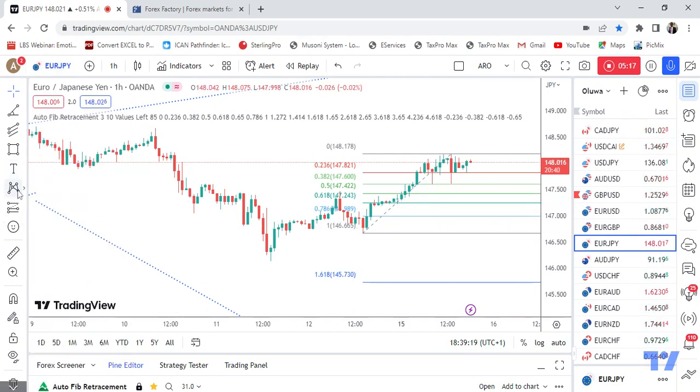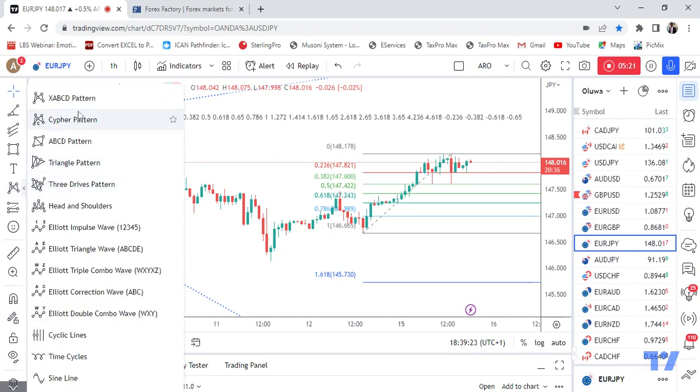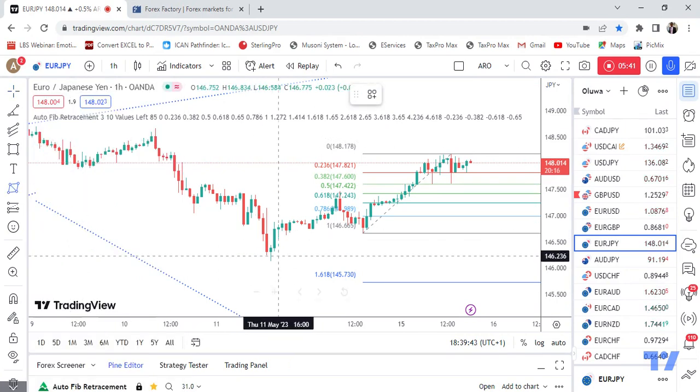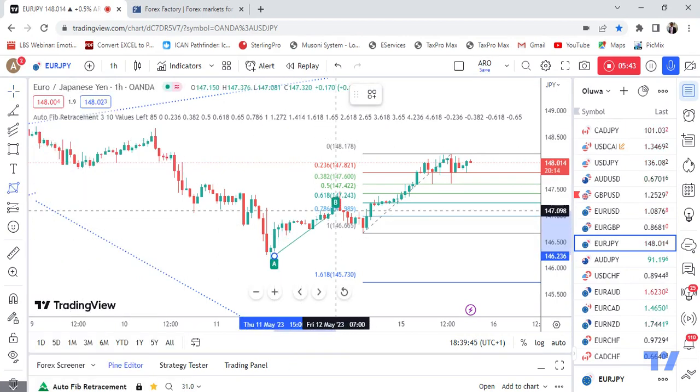Then we have patterns. If you want to draw a pattern, ABC pattern, head and shoulder pattern, triangular pattern, and so on and so forth, we have all those in that area as well. You can use it to draw patterns on your chart, like if you are projecting that the chart is going to have another shoulder pattern.